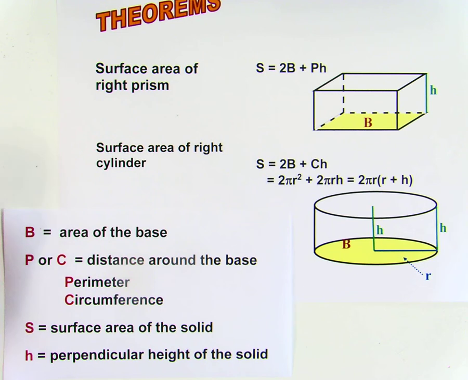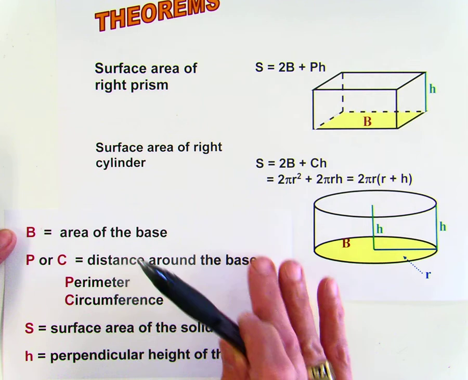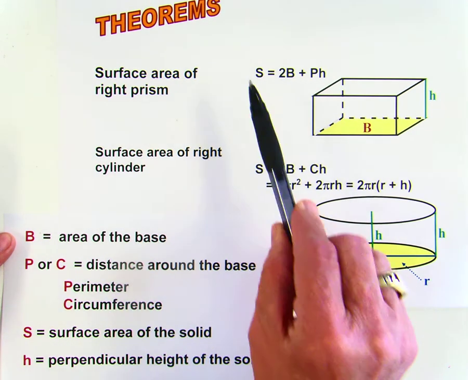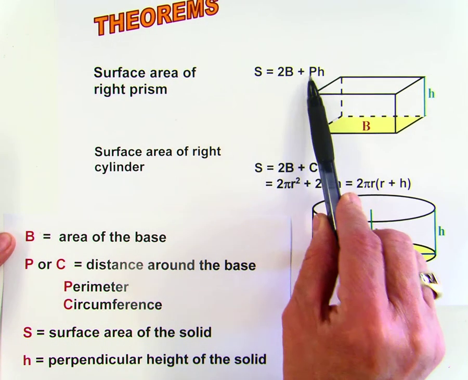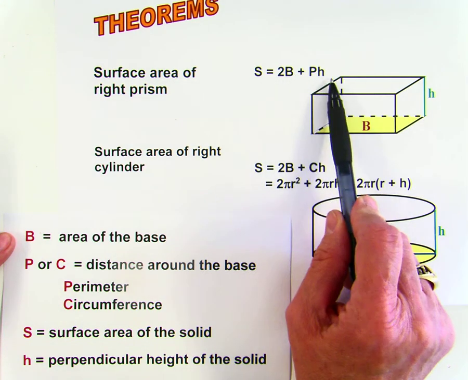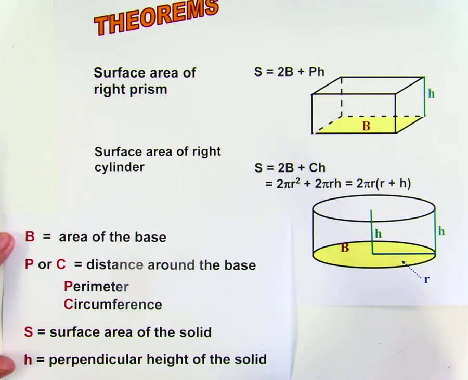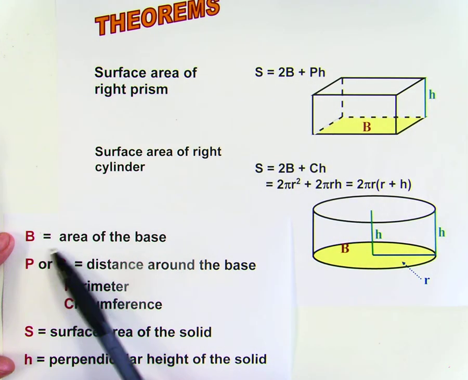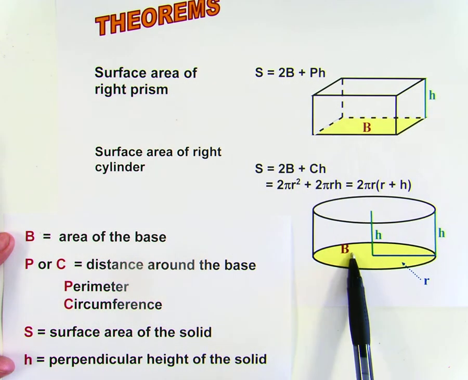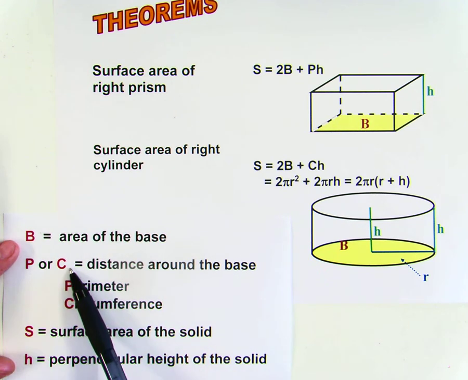Here are the letters that are used. B is the area of the base, the yellow in each one of these. So again, in many of these formulas, the use of a capital letter indicates something that was calculated. The use of a lowercase letter indicates generally a measurement. Here, the height. Capital B is the area of the base in either one of these, so you calculate the area. P or C is the distance around the base.